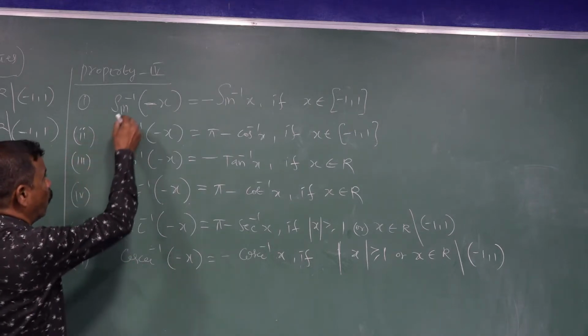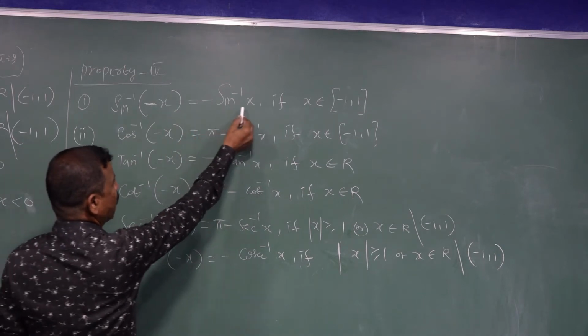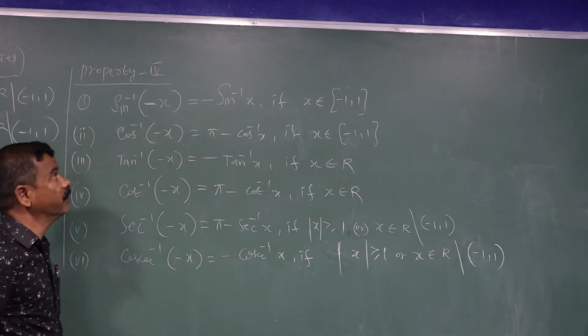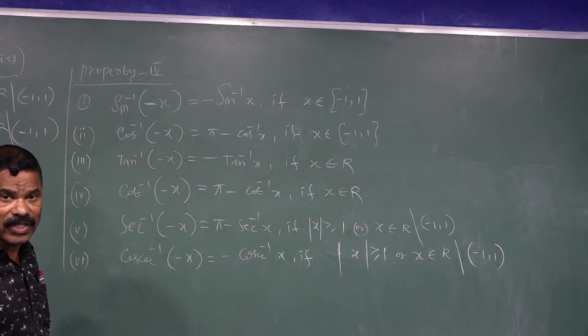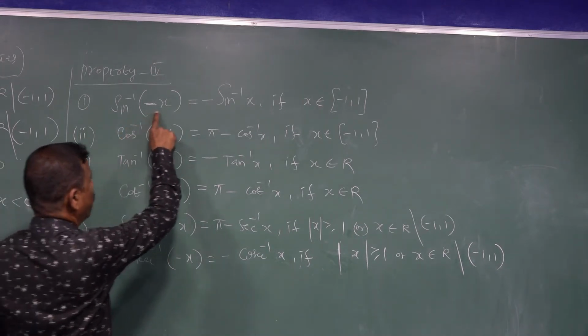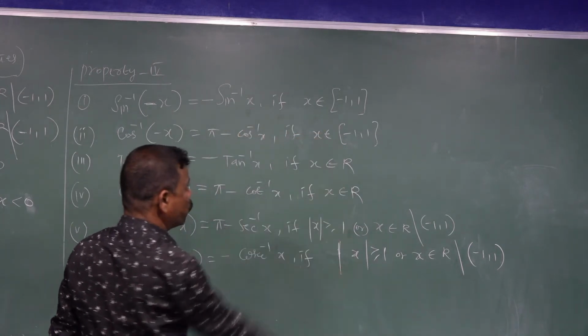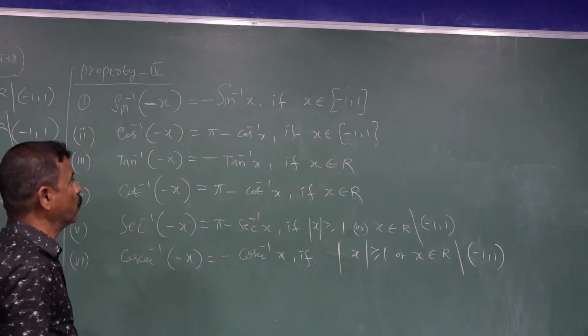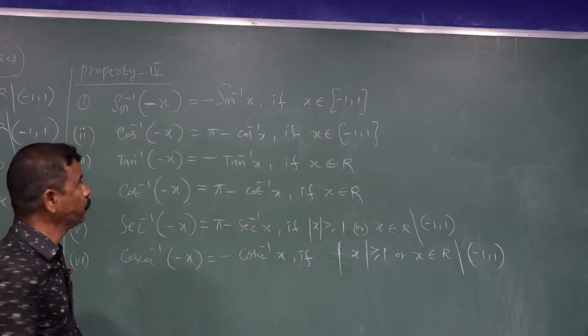Property 4, number 1: sin inverse of minus x is equal to minus sin inverse x, if x belongs to [-1, 1] only, not more than 1, not less than minus 1.